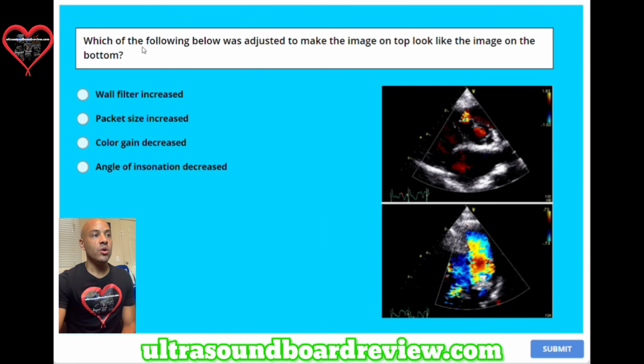Question 35. Which of the following below was adjusted to make the image on the top look like the image on the bottom? A, wall filter increased. B, packet size increased. C, color gain decreased, or D, angle of inclination decreased.